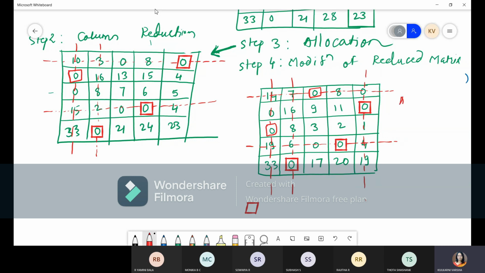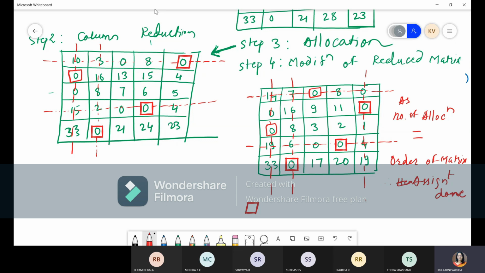So the number of allocations is equal to the order of matrix. We need to stop the algorithm. Hence, assignment done. Okay, assignment done.